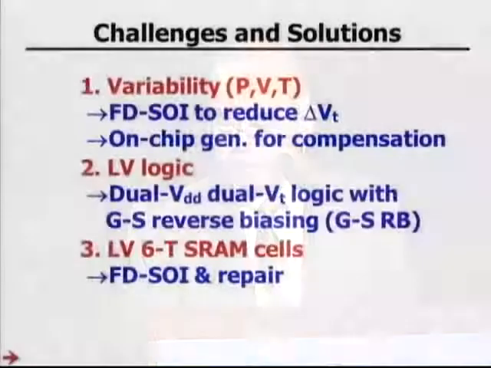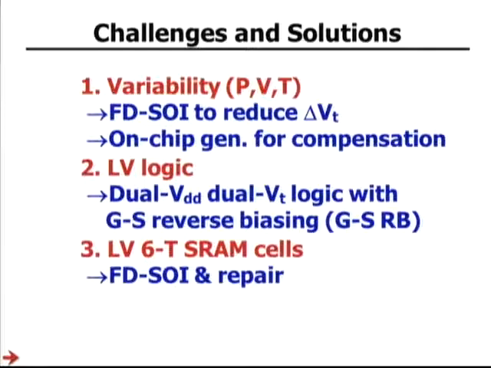Good morning. I'll talk about a personal view as a memory designer for the power reduction in the next 5 years. Challenges and solutions are summarized here. To cope with variability issue, we need FD-SOI to reduce VT variation and on-chip voltage generators for the compensation.